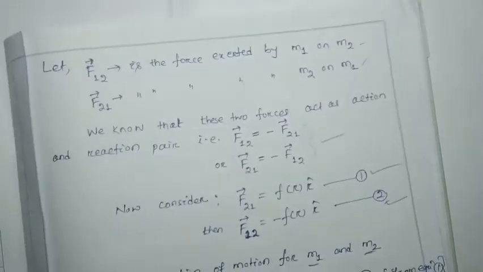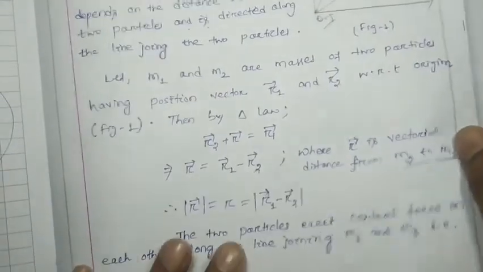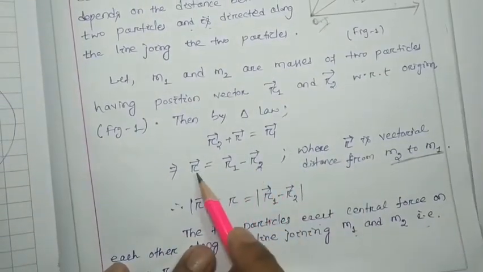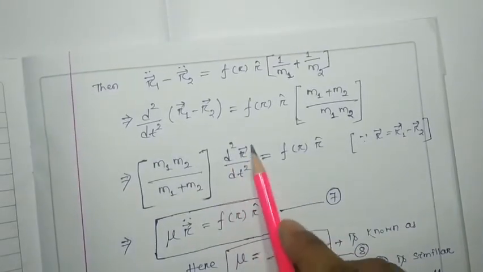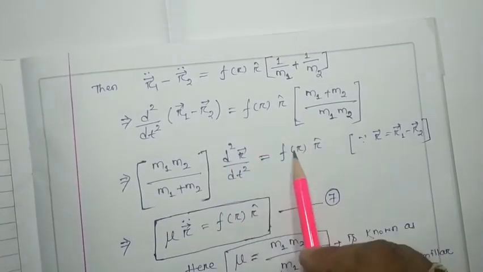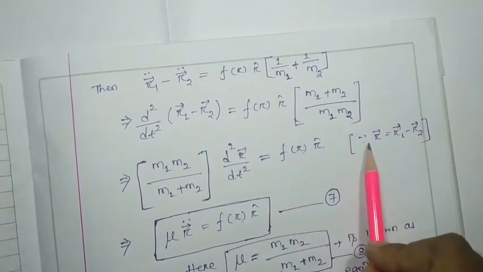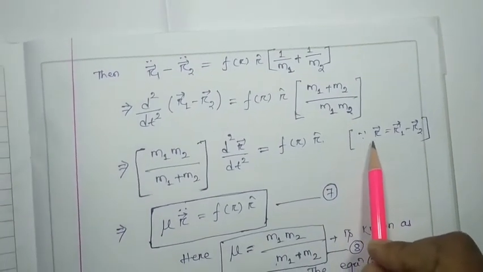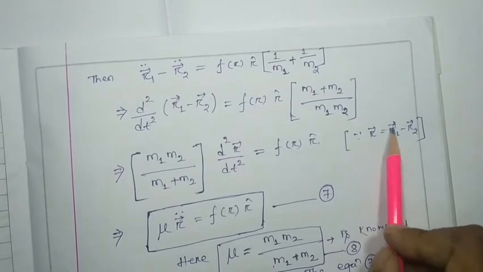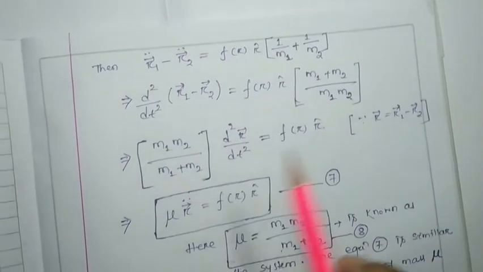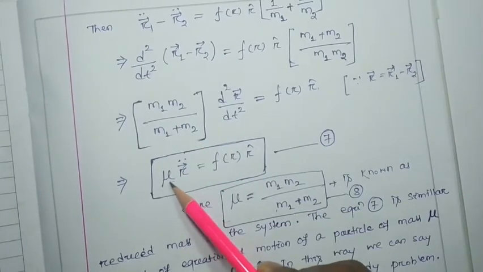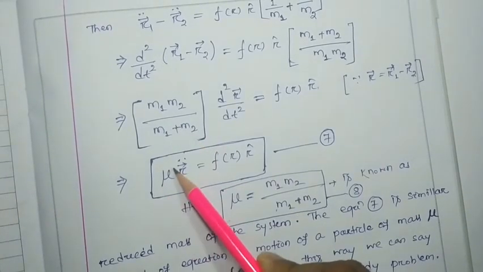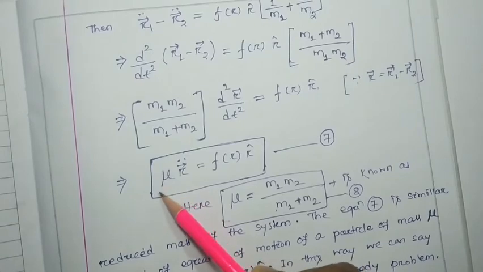R1 minus r2 is nothing but your r, small r. So we can write d square r by dt square is equal to f of r cap. Instead of m1 m2 by m1 plus m2, we substitute one term, mu.